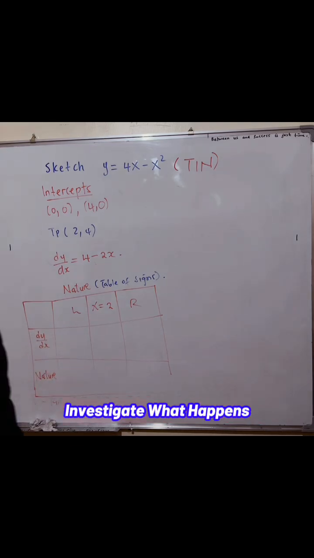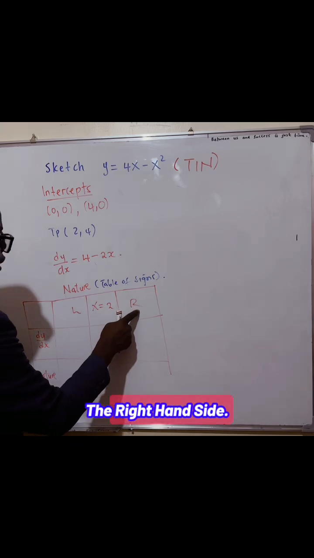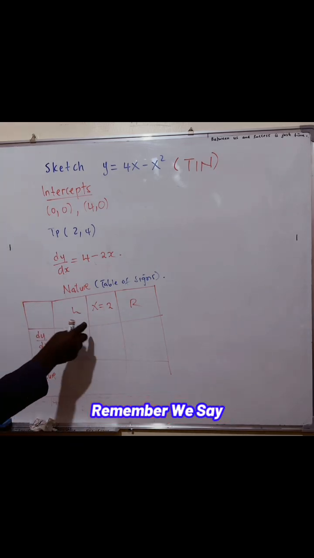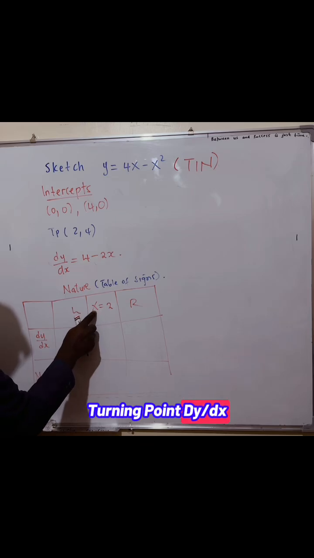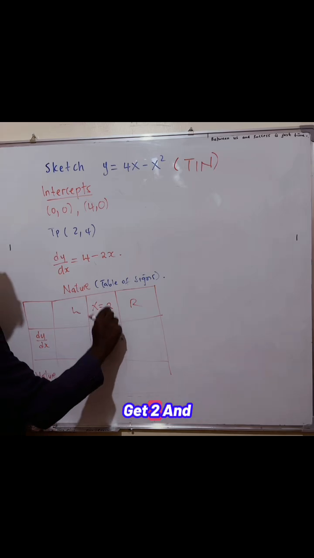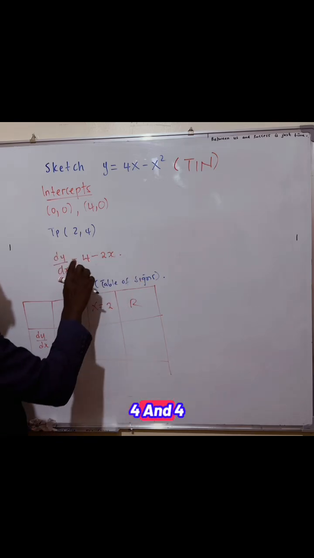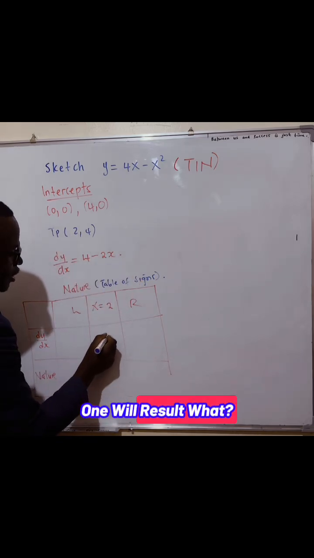Remember, we want to investigate what happens to our derivative from the left hand side and the right hand side. Remember, we said that at the turning point, dy/dx is 0. What does that mean? When I get 2 and I substitute it here, I'll have 2 times 2, that is a 4, and 4 minus 4, this one will result in a what?